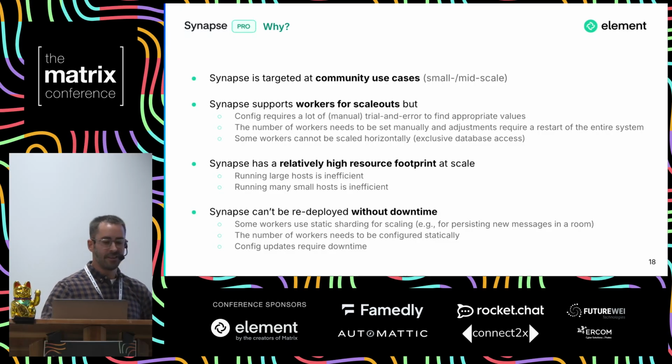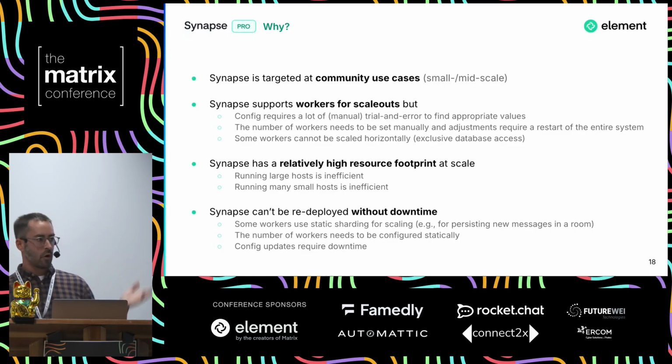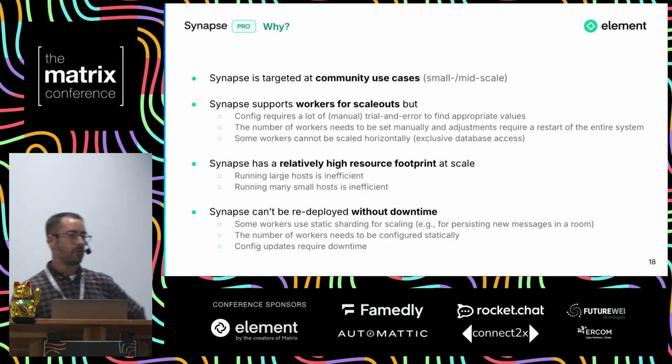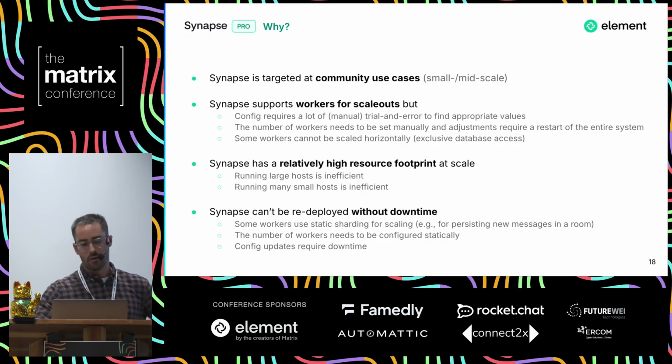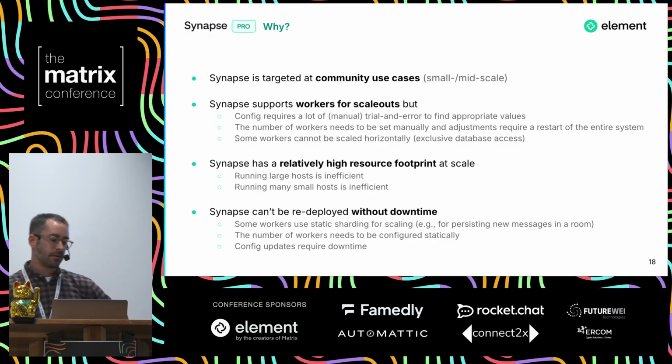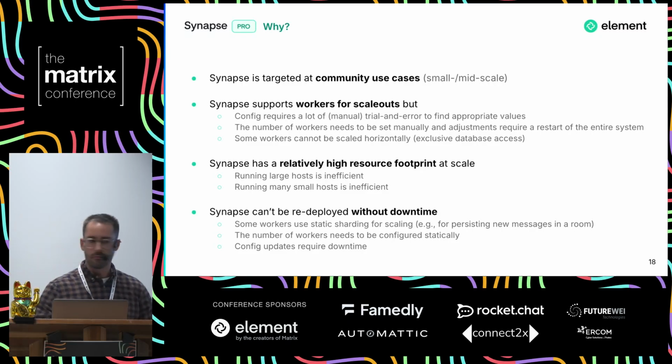Synapse Pro is at the heart of the Pro edition, and you might ask why. The way we put it is that Synapse, the open source community edition that many of you know, that is available on GitHub, is basically targeted at community use cases, meaning small to mid-scale individual deployments by hobbyists, by, I don't know, as I said earlier, football clubs, for instance.